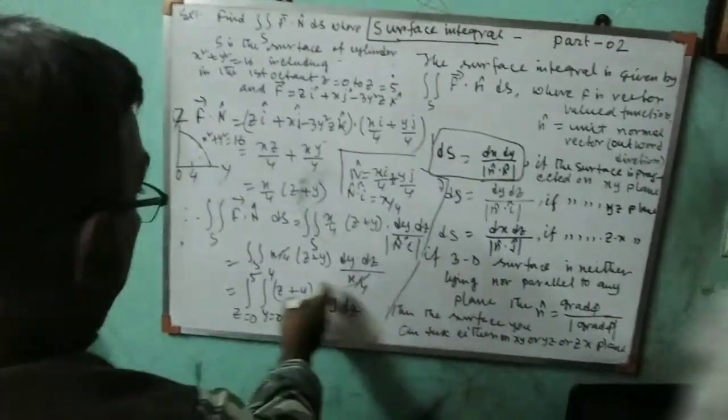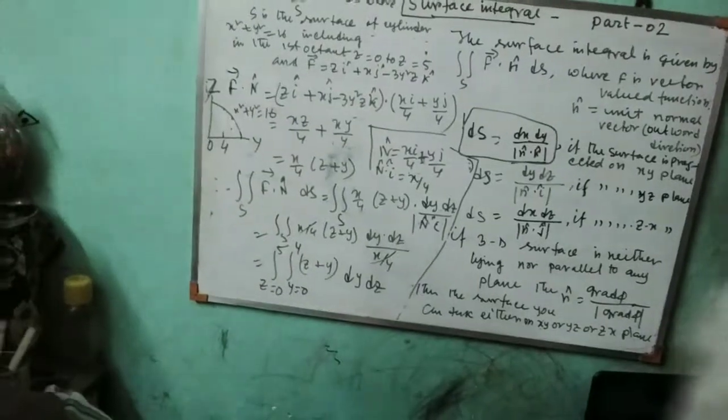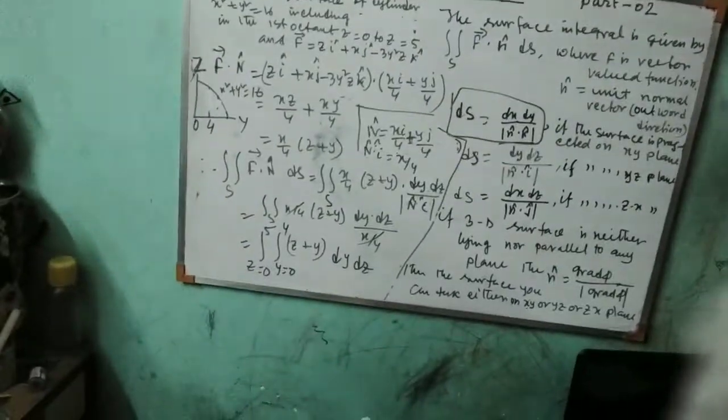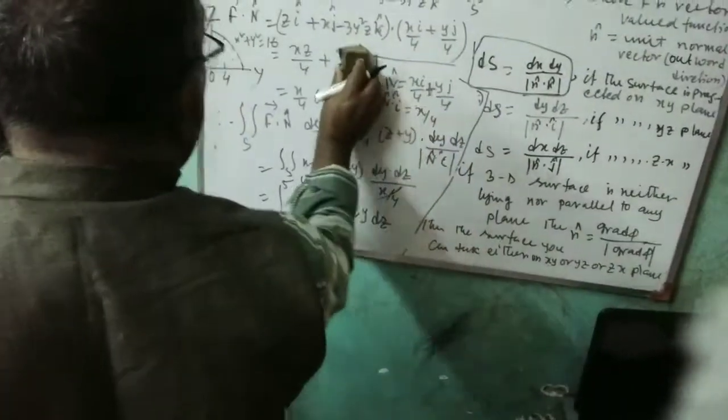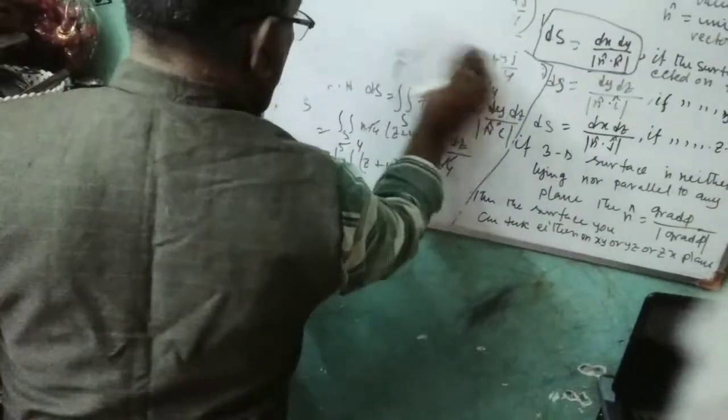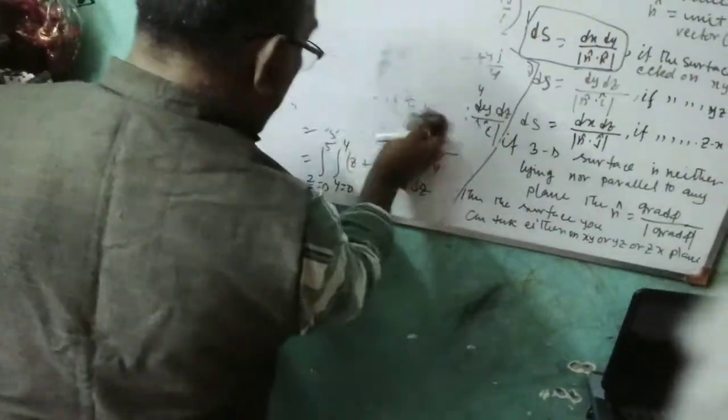Now integrate this part. Integration of this part you can do with respect to y, then with respect to z. This part I am erasing. Just follow me. This integration I am doing now.